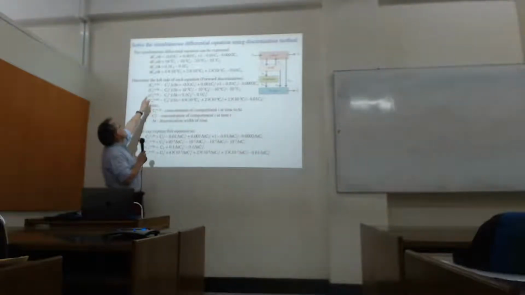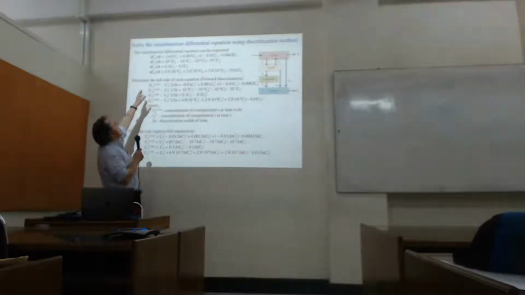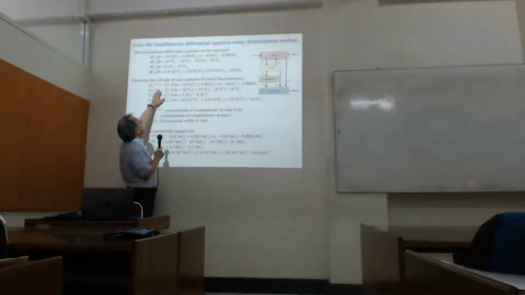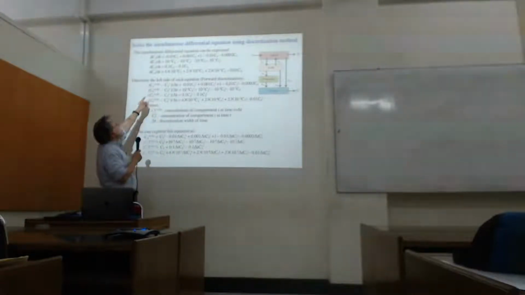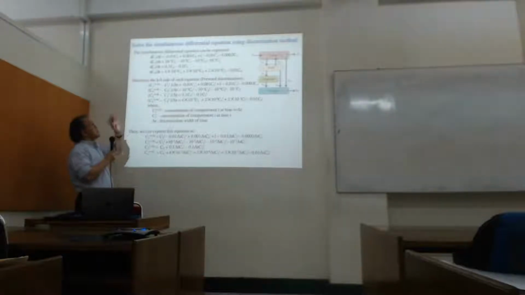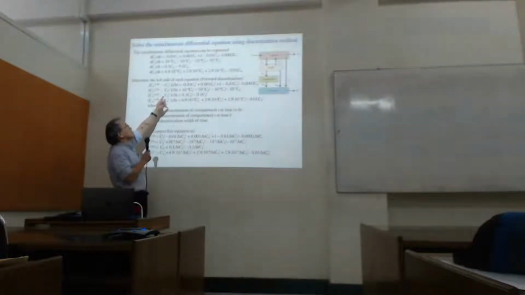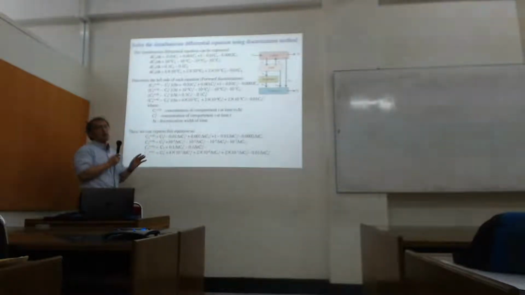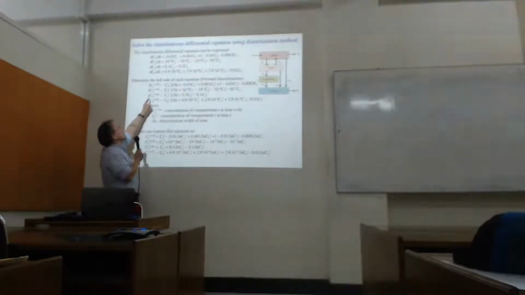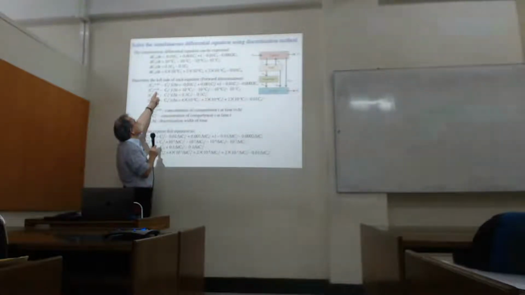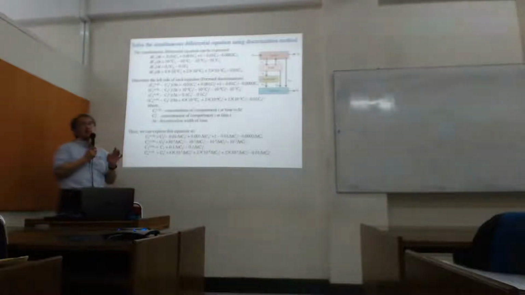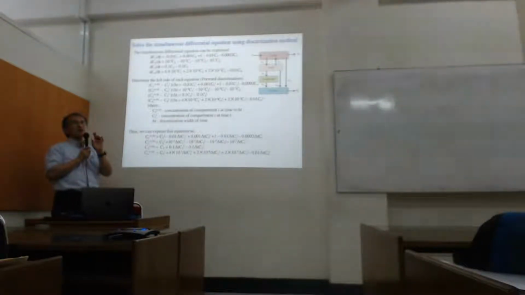I mean, instead of the differential of C1, we use these equations. C1(t) means the concentration at compartment 1 at time t. And C1(t plus dt) means the concentration of the pollutant in compartment 1 at time t plus delta t.